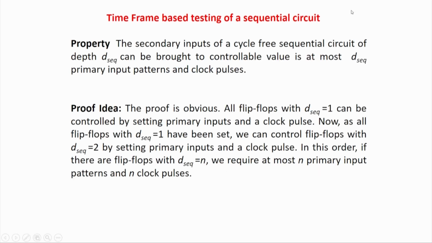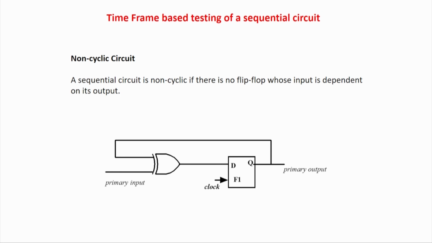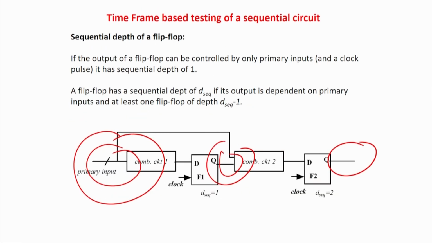So there is a property which says that the secondary inputs of a cycle free sequential circuit of depth D sequence, secondary input means the output of the flip flops. If I look here, secondary input means the output that is actually feeding the combinational circuit. Sometimes people call these secondary inputs.